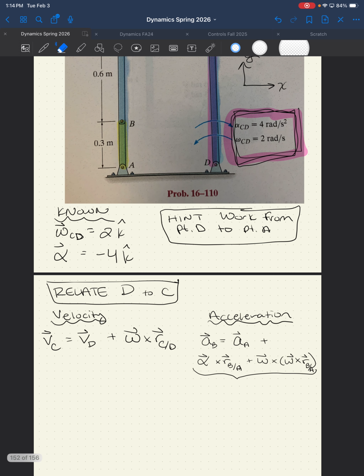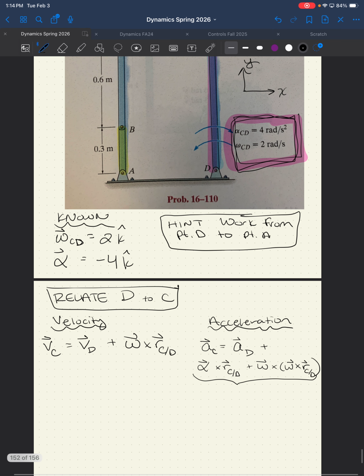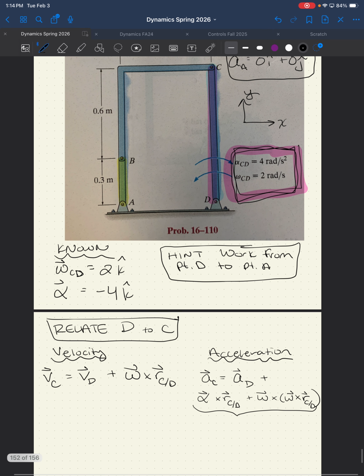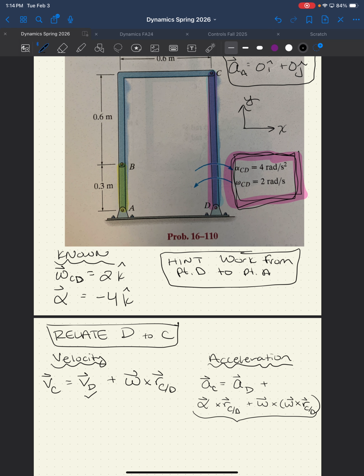K hat, I still have a 0 minus a 0. Okay, so VC should be equal to minus 1.8 i hat. And we can even visually look to see if we agree with that. So if this long arm is rotating this direction, C is right at the top of that circular motion, so it should only be moving directly to the left. Yeah? That looks right to me. It seems reasonable. Okay? Very good.